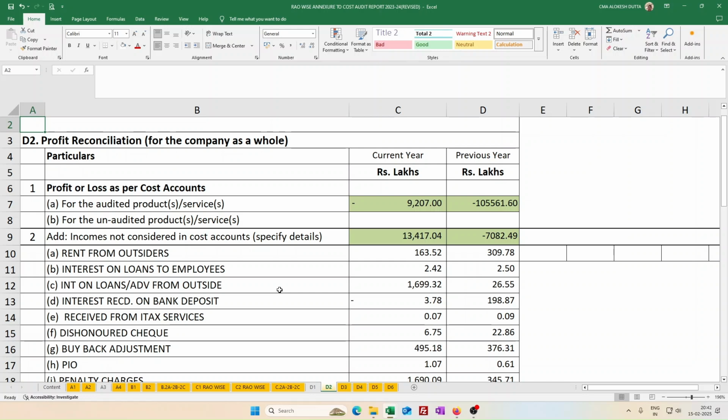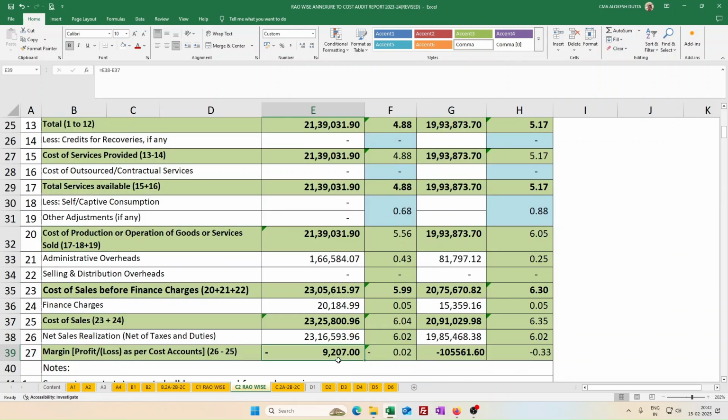Audited profit and loss account means PBT, profit before tax. Keep in mind, not PAT, PBT, profit before tax. Now this is 9207.00, and it is coming from here. This is the starting point in D2.